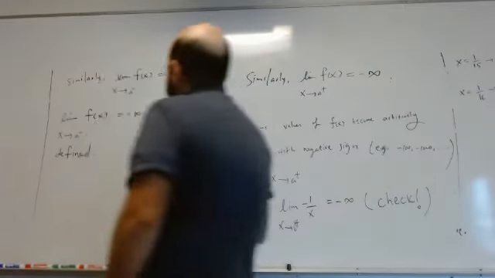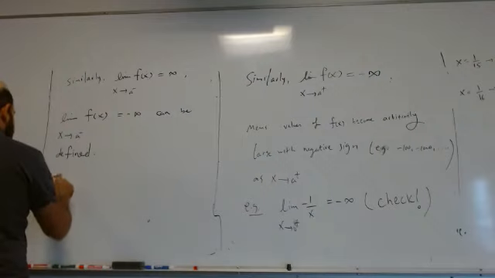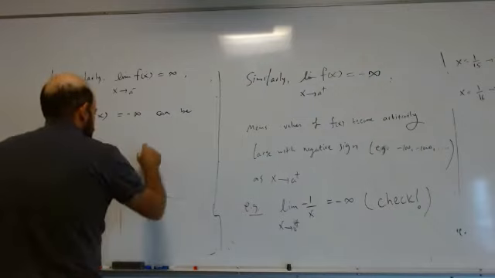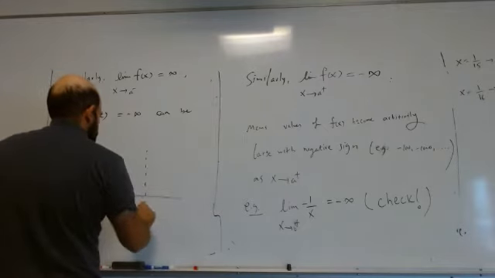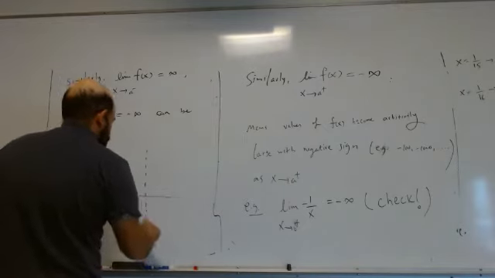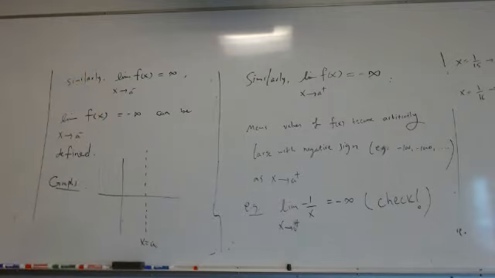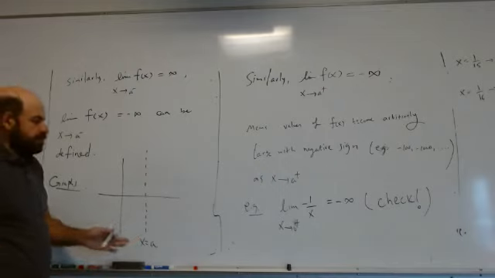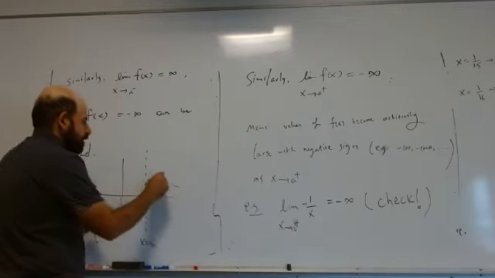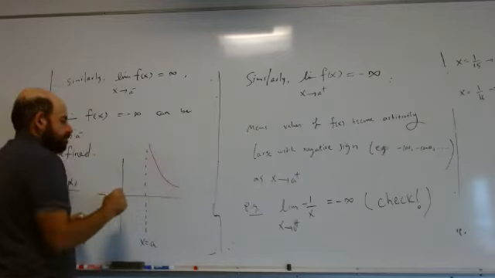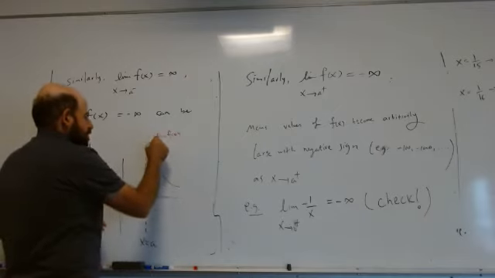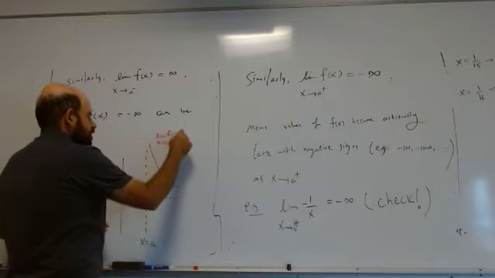So what about the graphs? How do the graphs look? For example, when you say that the outputs, as the inputs get closer and closer to a from right, become arbitrarily large, that means your function behaves this way. This means limit f of x as x approaches a from right equals infinity.